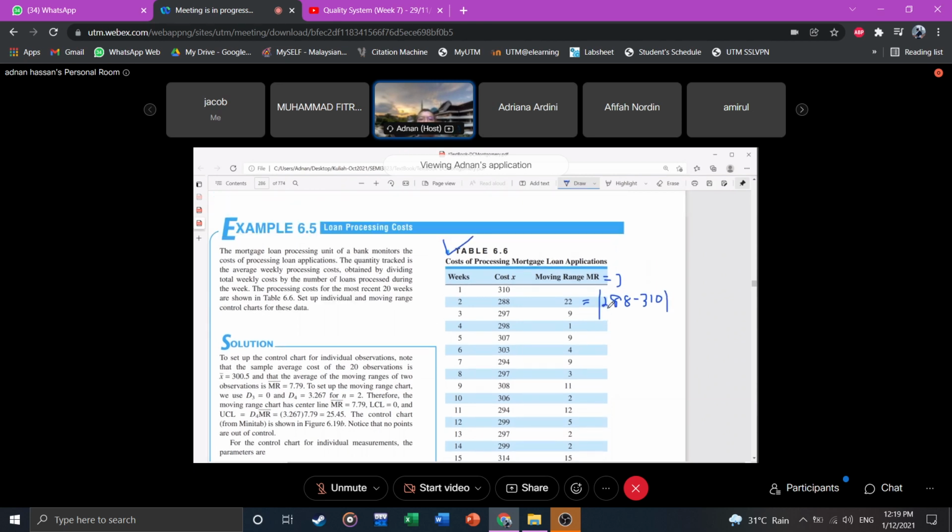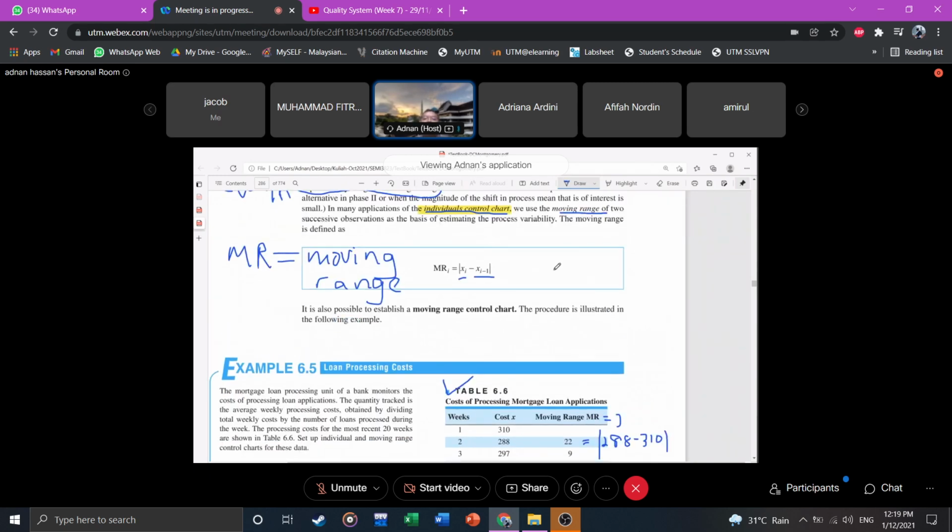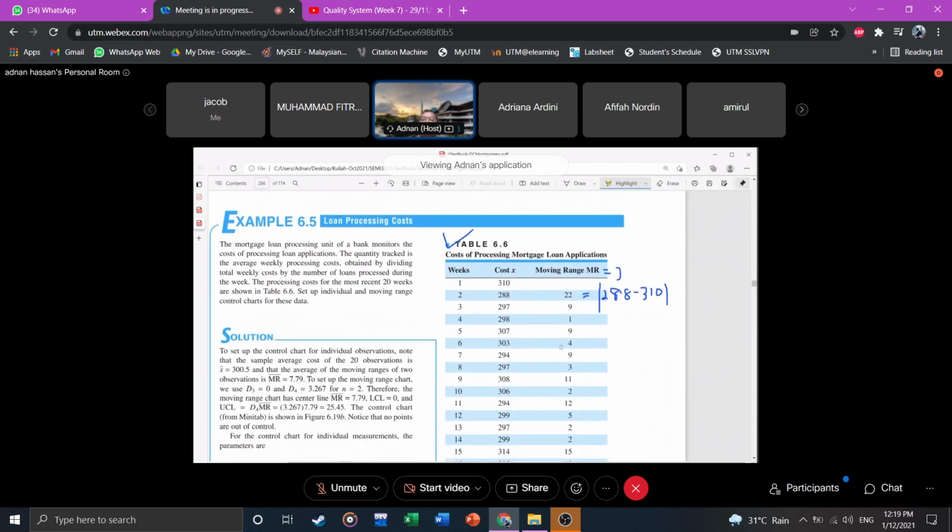If you see this formula, we just take the magnitude of the difference. So this is what we call the moving range, MR. Then we repeat the same for the next number, which is 297, minus 288.